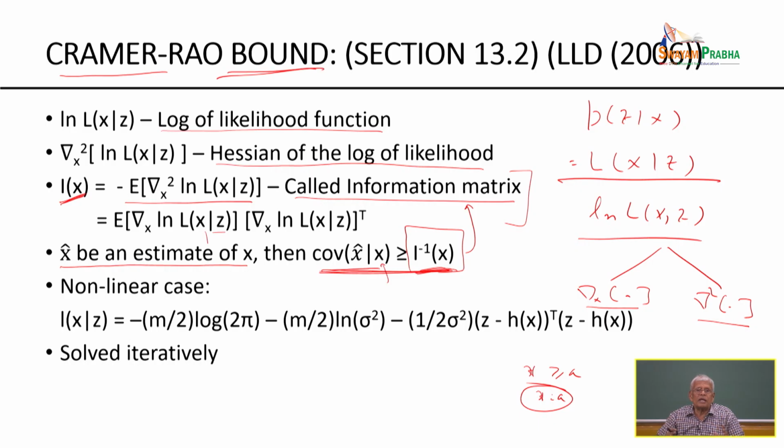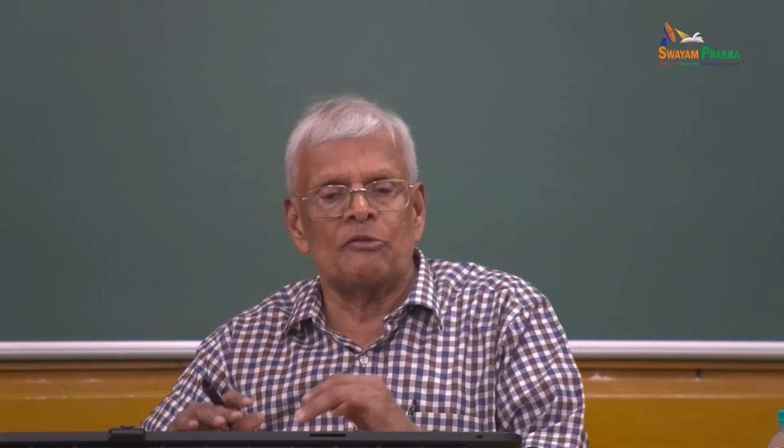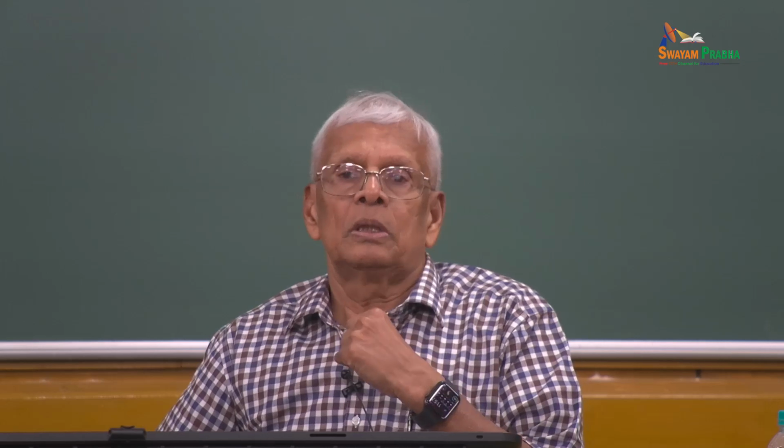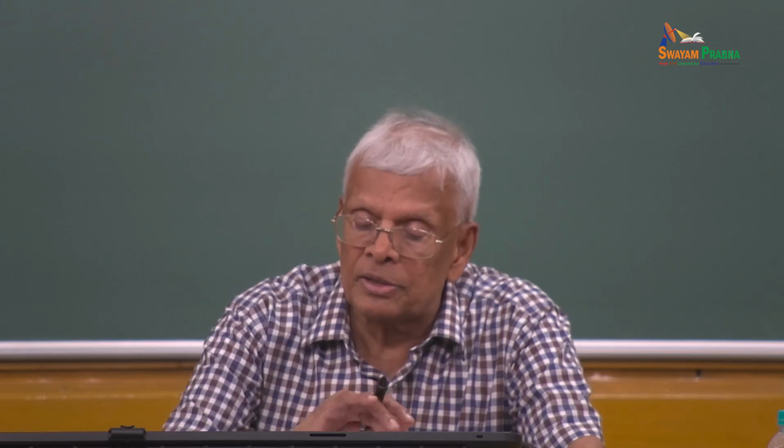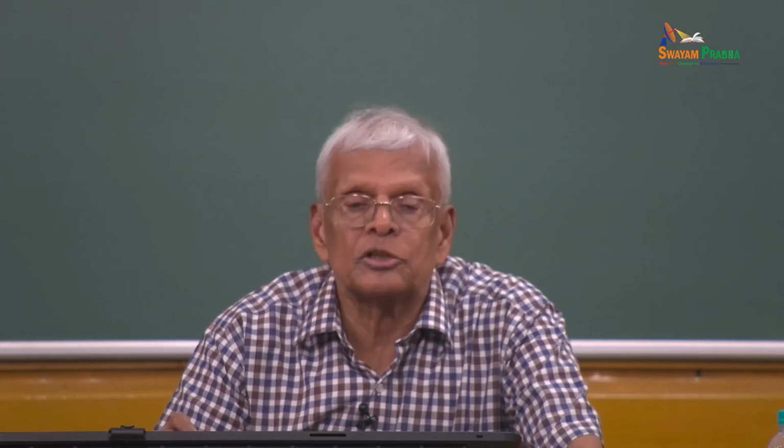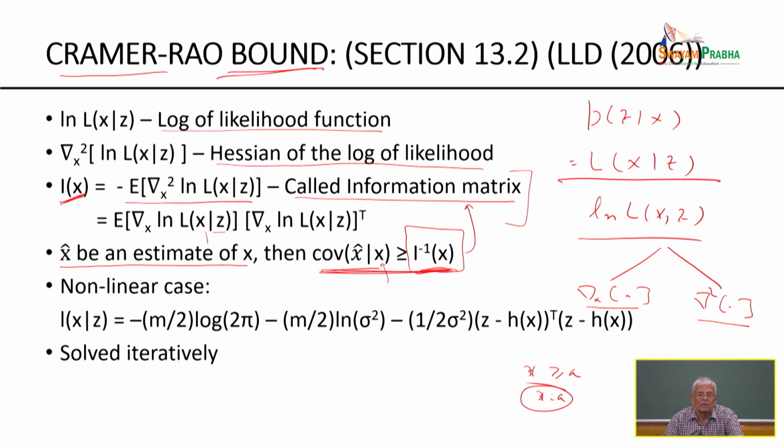When you are estimating the variance, I want to find out, can I make the covariance as small as possible? What did Cramer-Rao say? When I am trying to estimate it, the covariance matrix is lower bounded by another matrix. That other matrix is called the inverse of the information matrix. So this is the universal bound, called the Cramer-Rao bound.